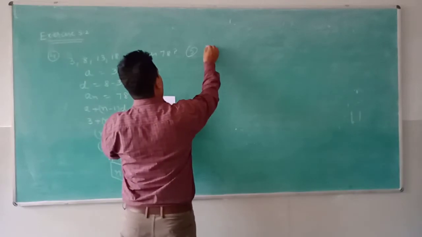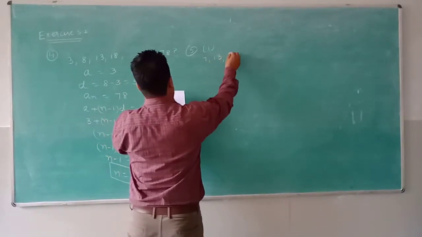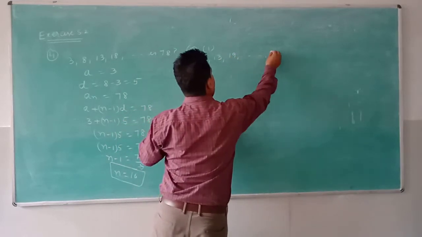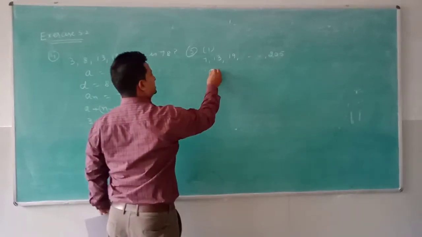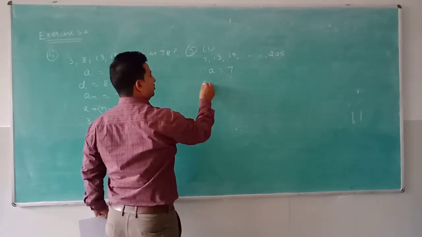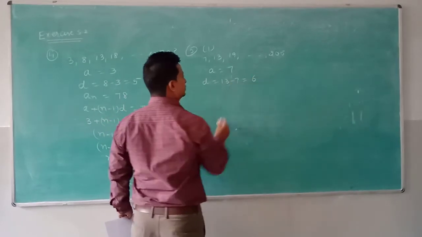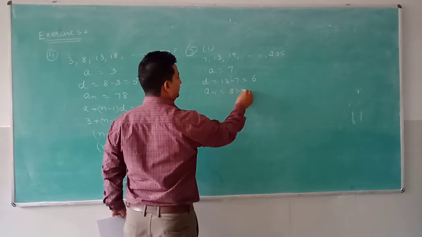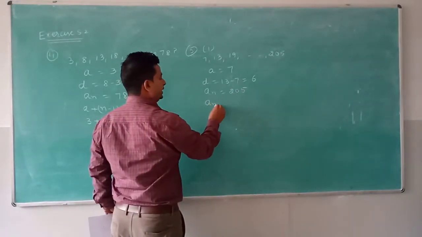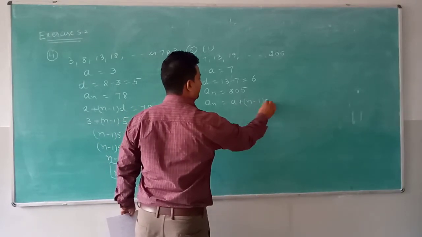In question number 5, the first part is to find the number of terms. In this question, the first term is 7 and the common difference is a2 minus a1, which is equal to 6, and the last term is 205. So an is a plus (n minus 1) into d.